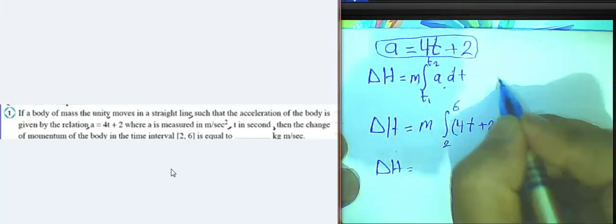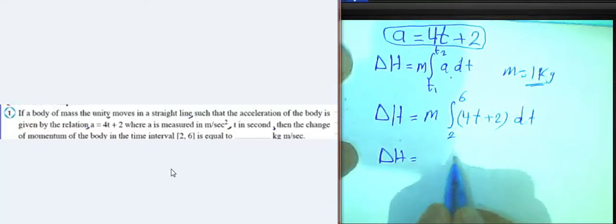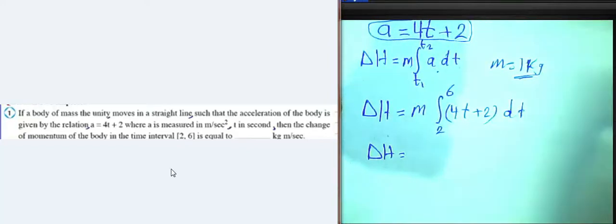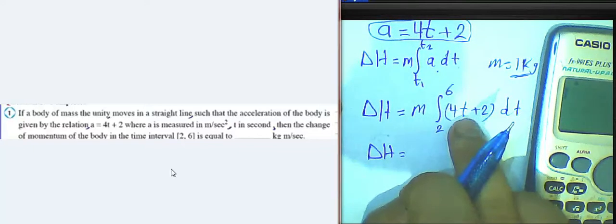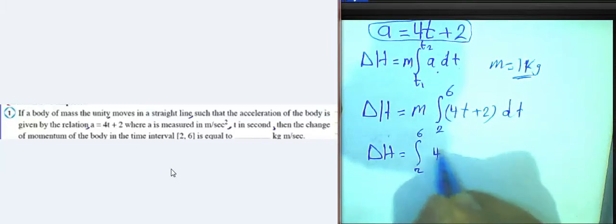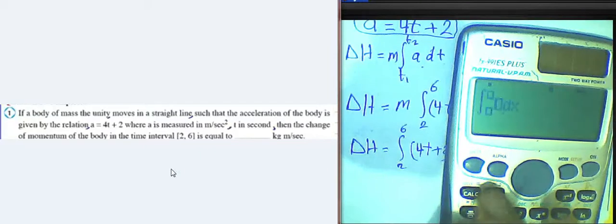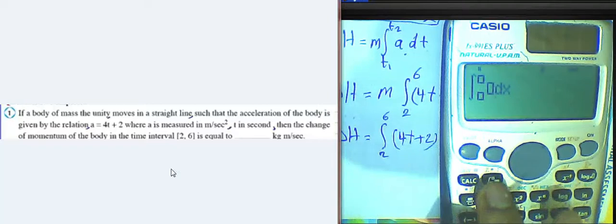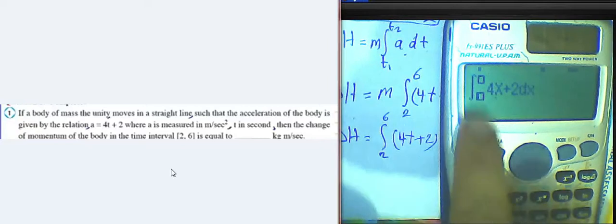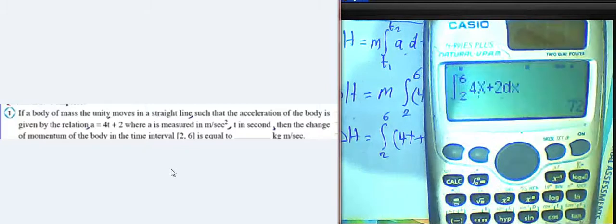We know m equal 1 kilogram, so we can find the result using the calculator. We use the integration button, write 4x plus 2 from 2 up to 6, and the result will be 72.